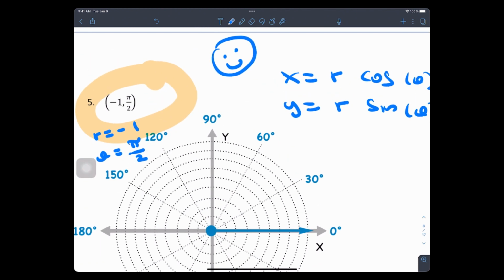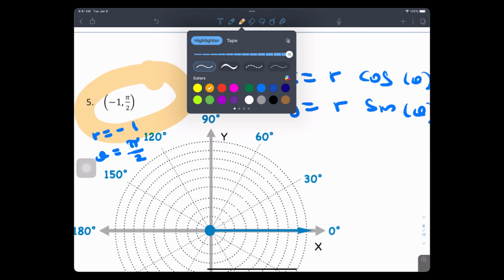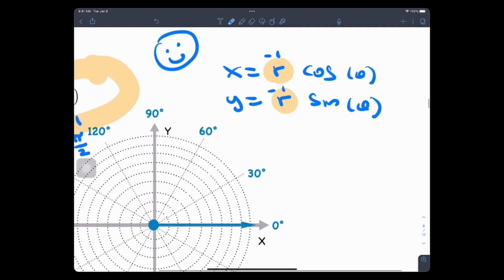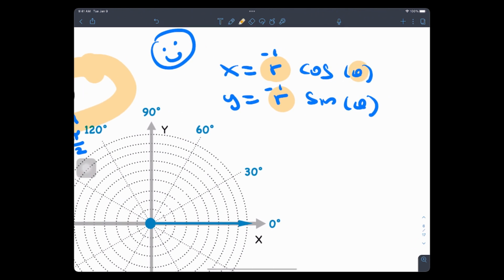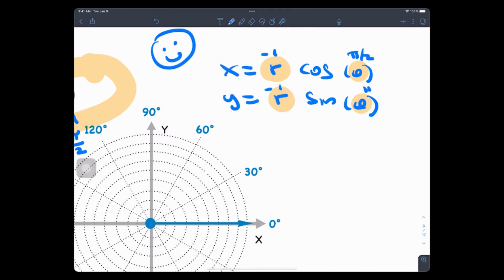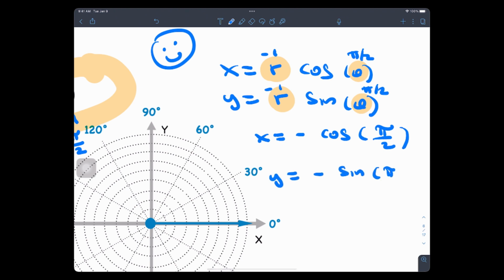So for number 5, we're still with the polar. Put R in here. What's R? -1. What is theta here? Pi over 2. So we get X is negative cosine pi over 2, and then Y is negative sine pi over 2.